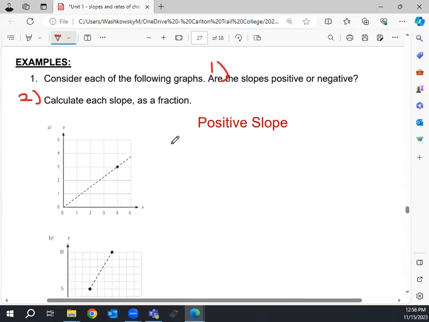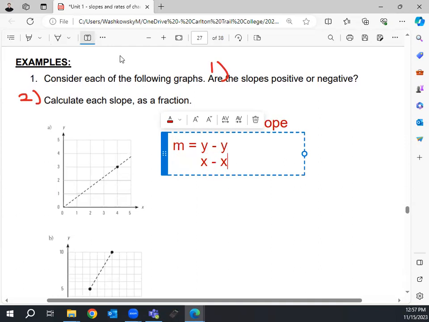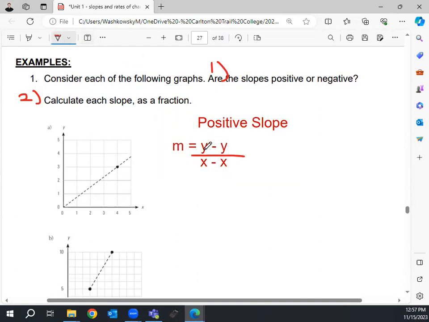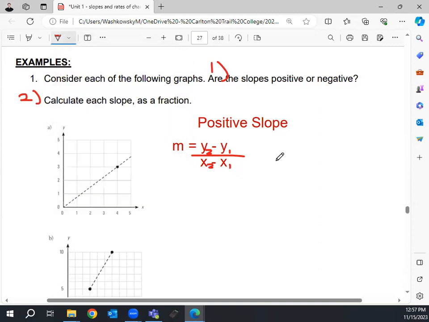So first off, I'm just going to put my blank formula here. m equals y2 minus y1 divided by x2 minus x1. Make this smaller. Okay.